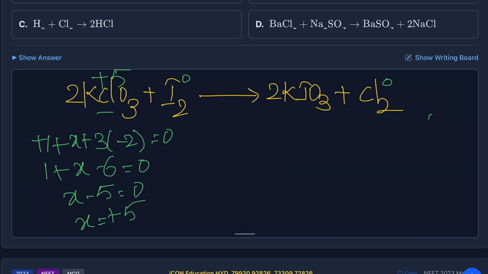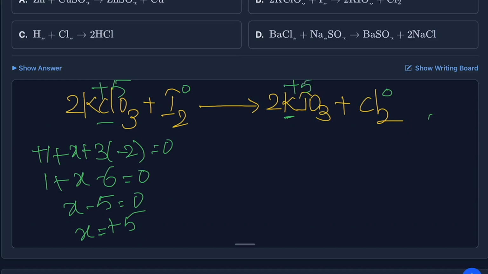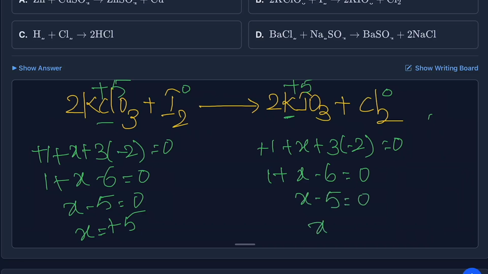Next, in KIO3, potassium's oxidation state is the same, plus 1, with iodine in place of chlorine. Plus 1 plus x plus 3 into minus 2 equals 0, x equals plus 5. So in KClO3 and KIO3 the oxidation state is plus 5, and iodine and chlorine in the elemental form have the oxidation state 0.